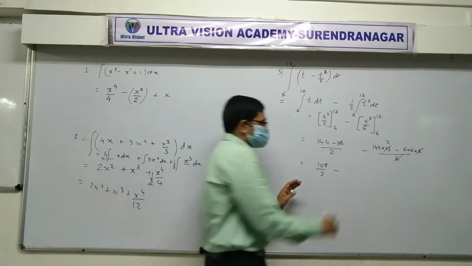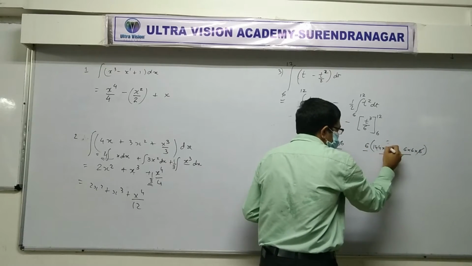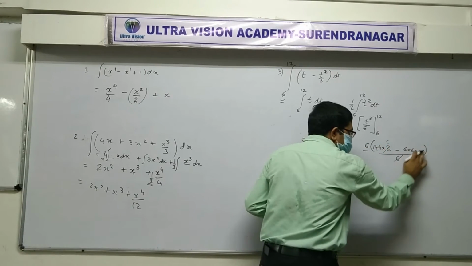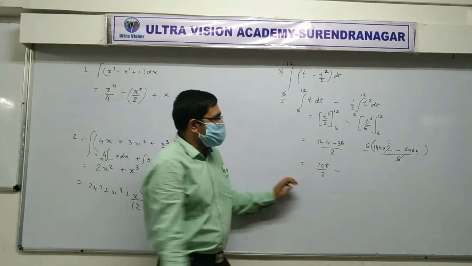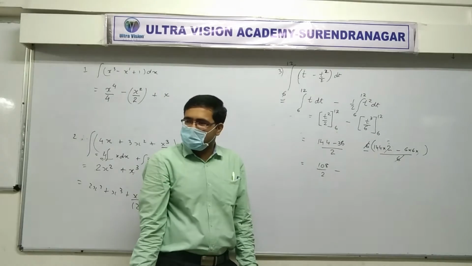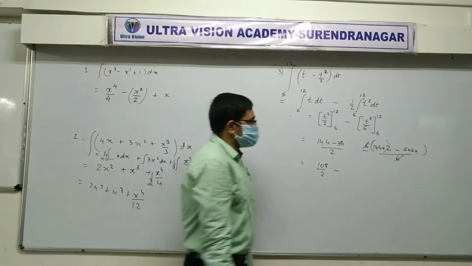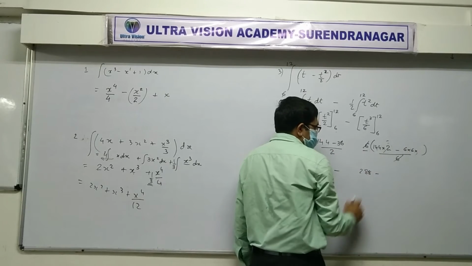The proper method is to first of all take a 6 common. So when you take a 6 common, this 12 will become 2. And here this 6 will be gone. Understood? Then you actually cancel that 6 with this 6. Now 144 into 2 is 288 minus 36.